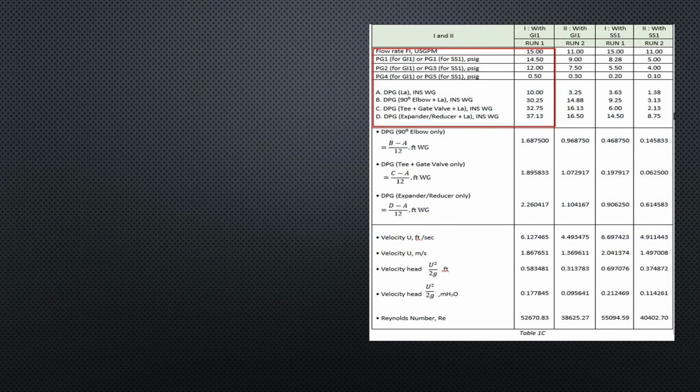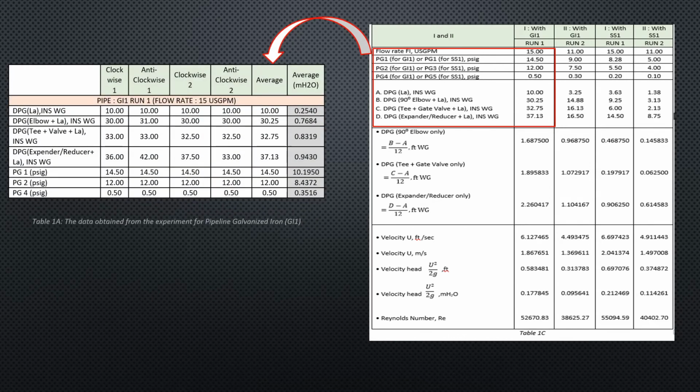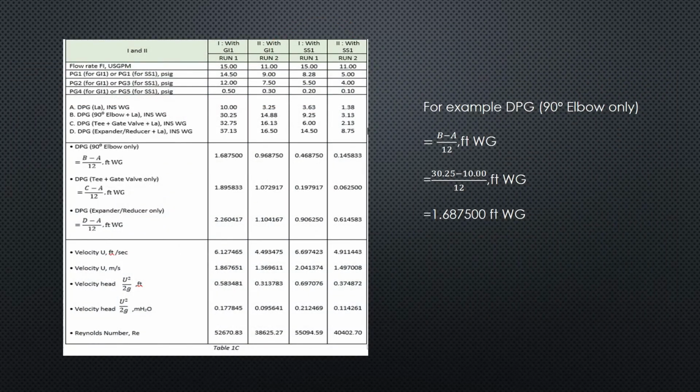The values of pressure gauge and differential pressure gauge are taken from Table 1A, which correspond to 15 US gallons per minute flow rate for galvanized iron 1. As the formulas are already given, we can easily calculate it for differential pressure gauge. Let's take a look at this sample calculation for 90-degree elbow.